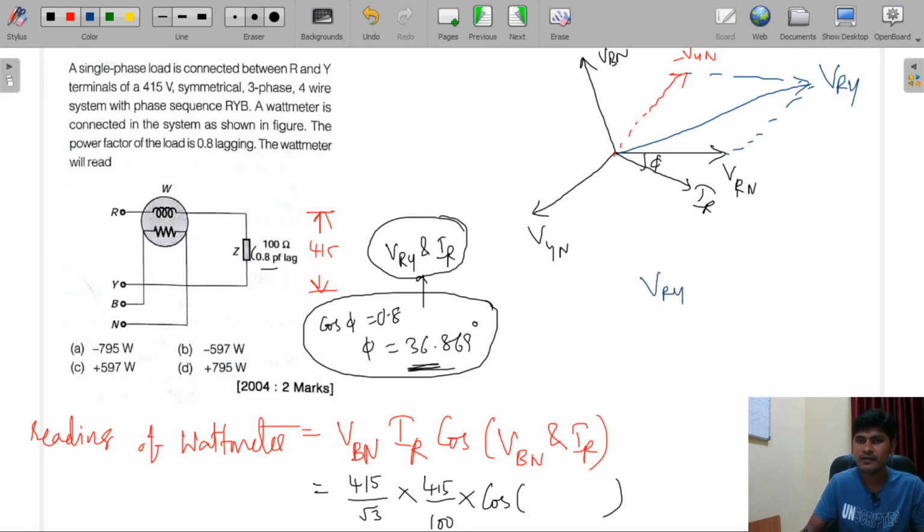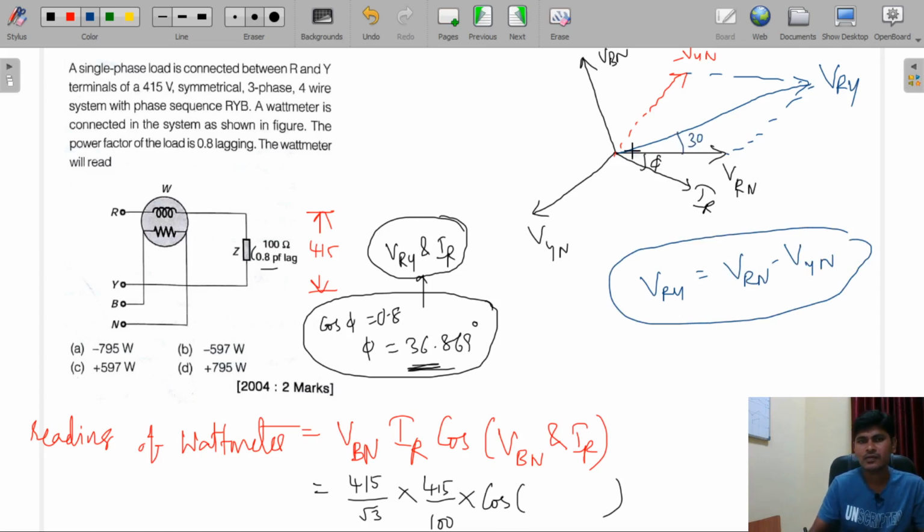VRY is equal to VRN minus VYN. Anyhow, the angle between these two will be 30.